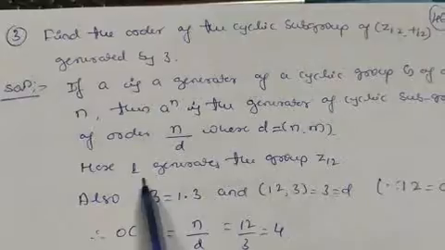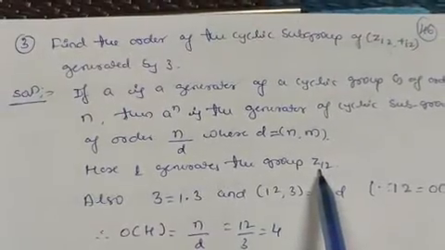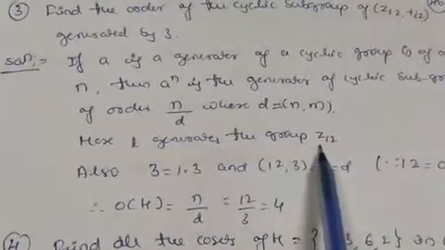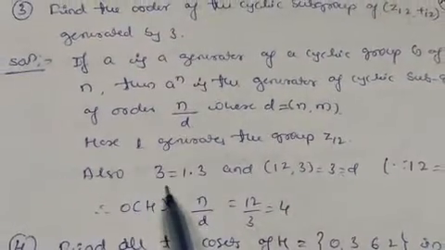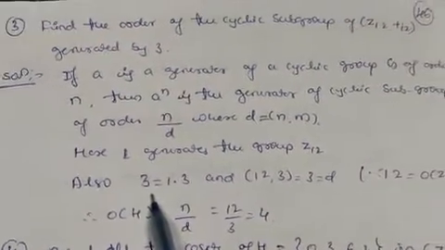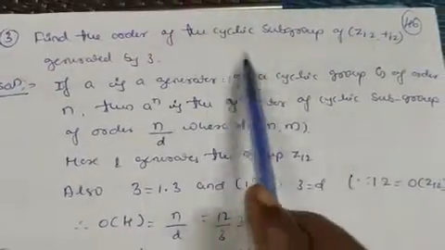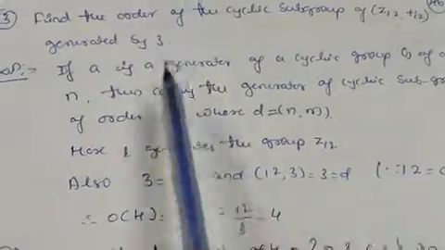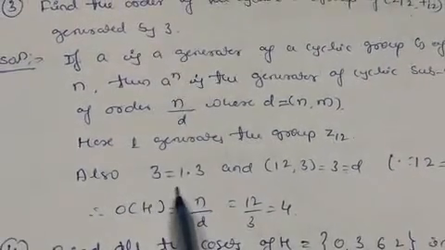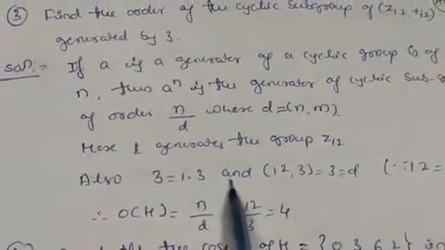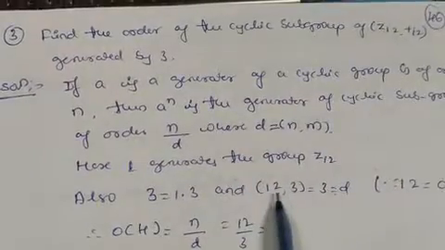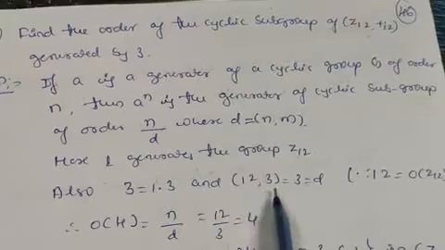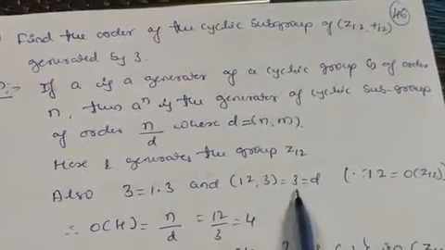So 1 is the generator of Z12, as we have seen in the previous section, and 3 is a generator of the subgroup of Z12 under addition mod 12. So we can write 3 as 1 into 3, and the GCD of 12 and 3, where 12 is the order of Z12, is 3.